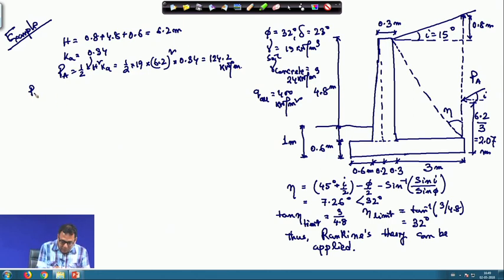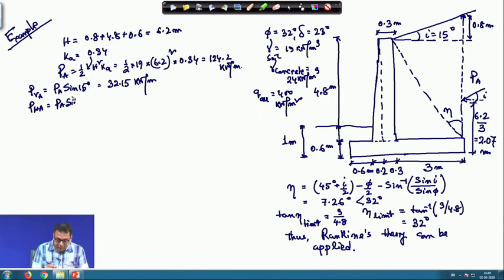So, the vertical component P V A is P A sin 15 degrees. So, this value was 32.15 kilonewton per meter. Similarly, P H A is P A cos 15 degrees. So, this is equal to 120 kilonewton per meter.